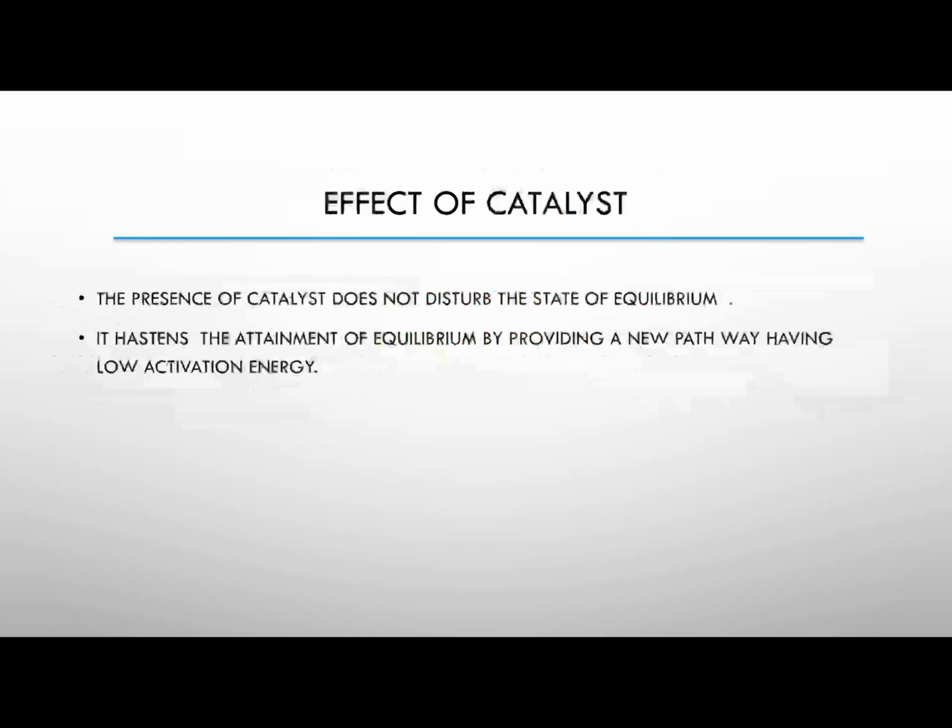Hence, the use of a positive catalyst in a reaction is a must to increase the rate of formation of the product. Similarly, in an endothermic reaction, high temperature is a necessary condition for the formation of product, but at high temperature the rate of reaction becomes fast. Hence, in such a reaction, there is no need of using a catalyst.